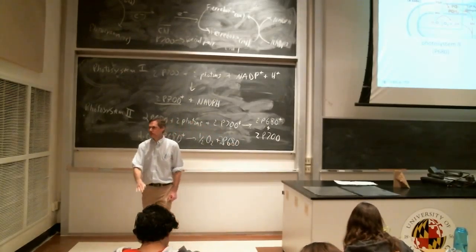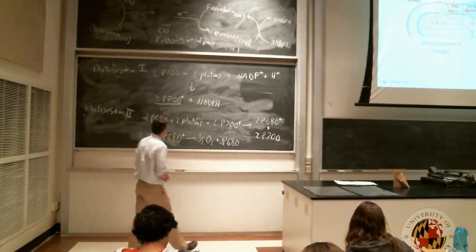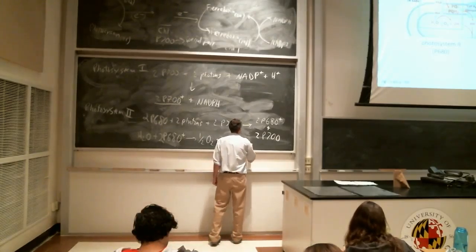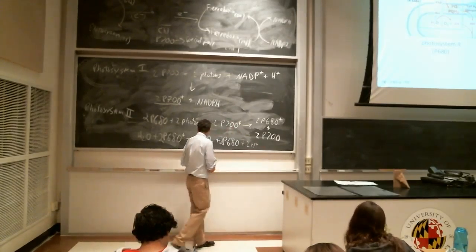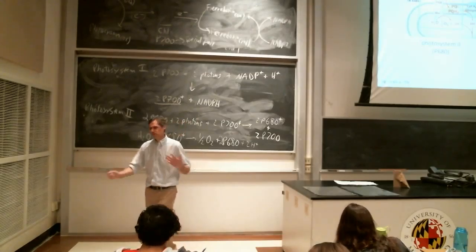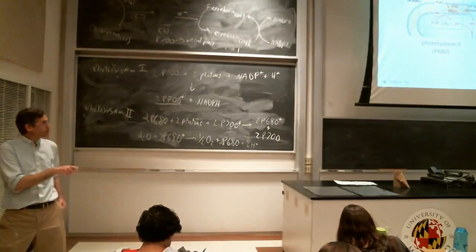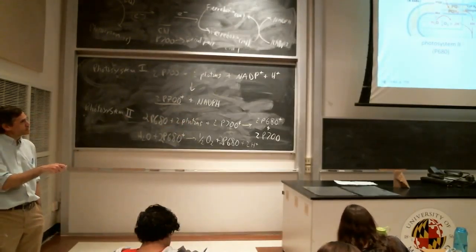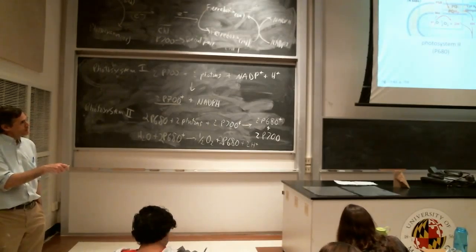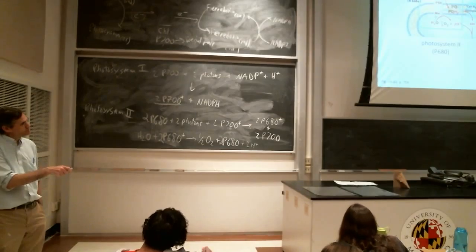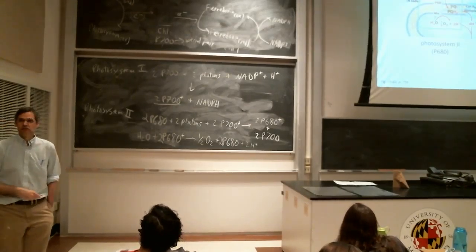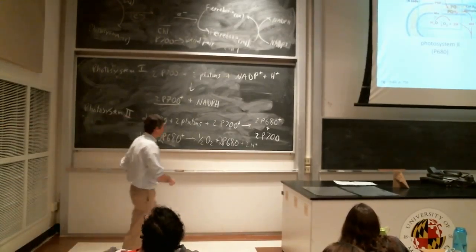It reduces P680 back to where it started, ground state, and I guess it's the protons. Right, so in plants you have these two photosystems that carry out the process of taking electrons from water, give it to photosystem 2, electrons go from photosystem 2 to photosystem 1, and from there to NADP. Right, so that's the whole process that occurs in plants.